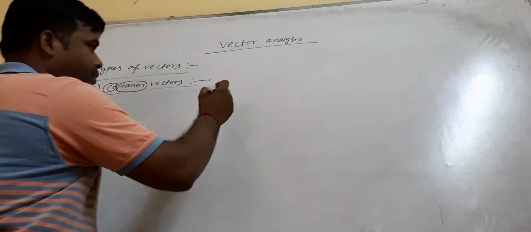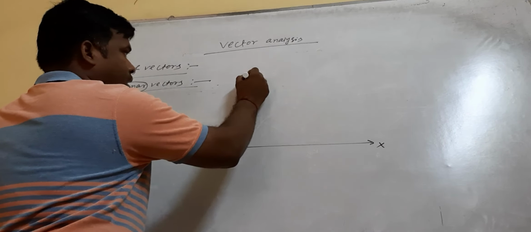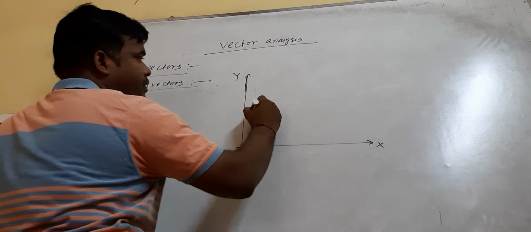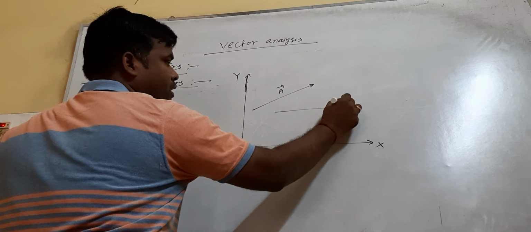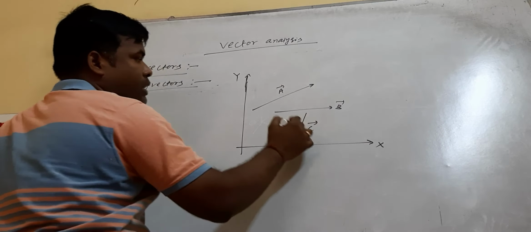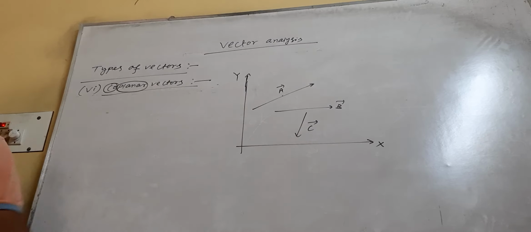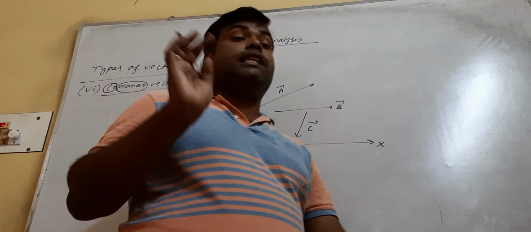Suppose it is the x-axis, it is the y-axis. If vectors lie in the same plane, then you can say they are coplanar vectors, irrespective of their magnitudes and directions. But the condition is that they must lie in the same plane.